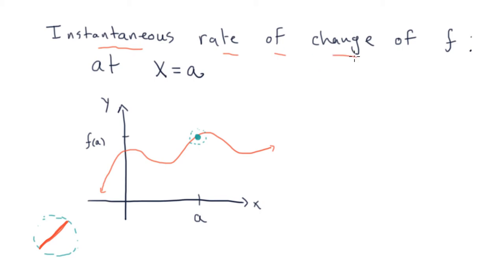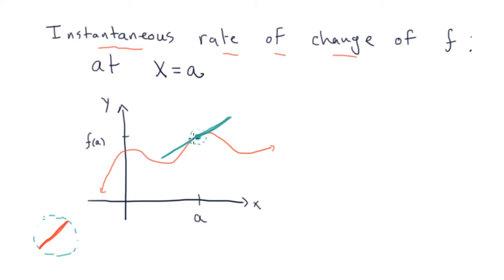And so hopefully I've given you a few ways to think about it. The last way to think about it, recall that the average rate of change was the slope of the secant line passing through 2 points. Well, the instantaneous rate of change is going to be the slope of the tangent line. And now what do I mean by tangent line?